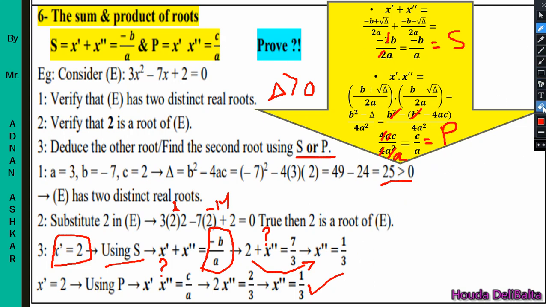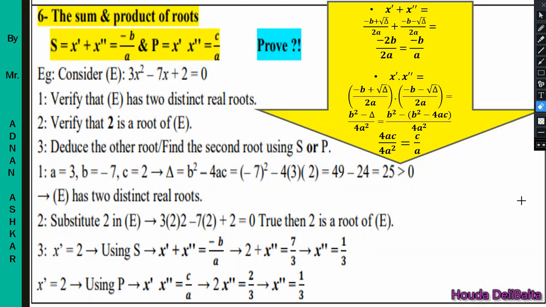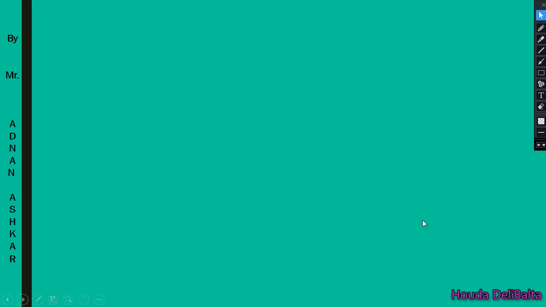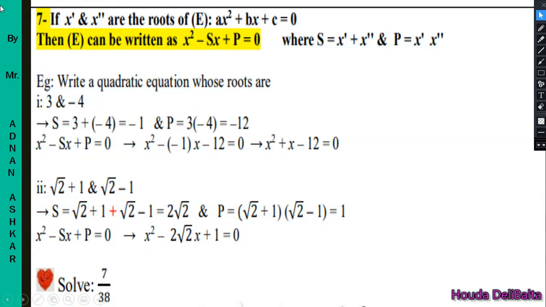Let's see also where we benefit in exercises from the sum and the product idea. Where do we use the sum and the product? If x prime and x double prime are the roots of an equation E, that is ax squared plus bx plus c as in general for the quadratic equation, then the equation E is written as x squared minus sx plus p equals 0.